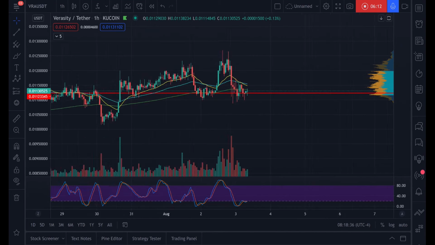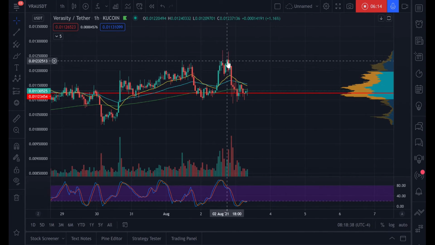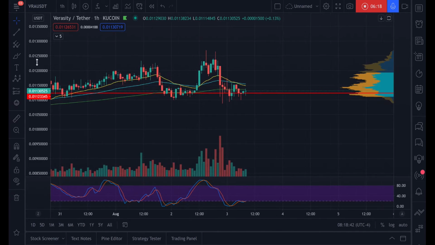So we were creating head and shoulders. We're on the hourly, creating head and shoulders patterns, which is a bearish pattern, and most projects were on this line, right, on their point of control, creating that pattern, and VRA was doing so as well.